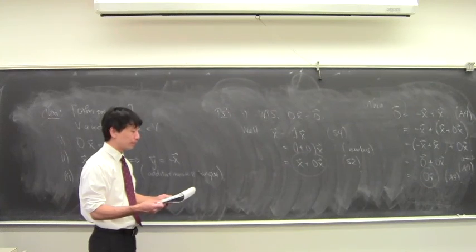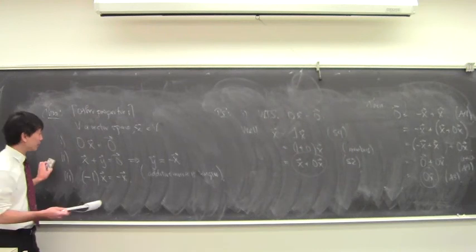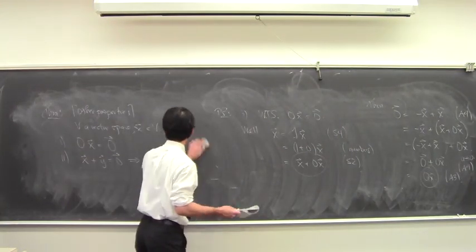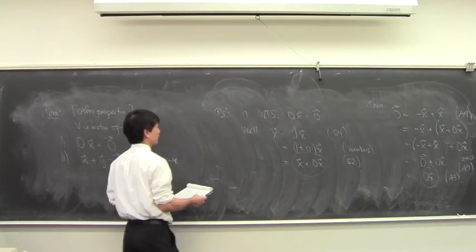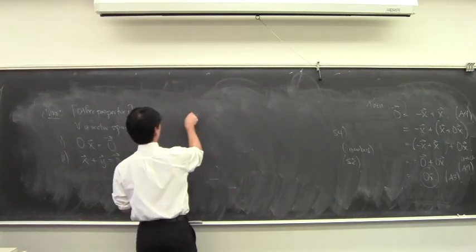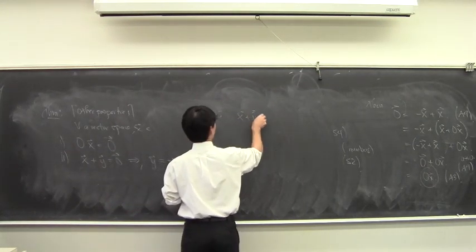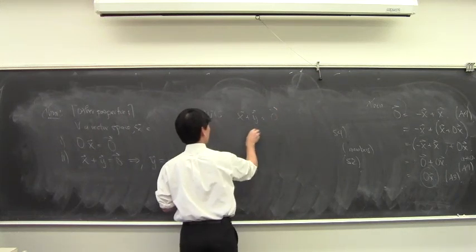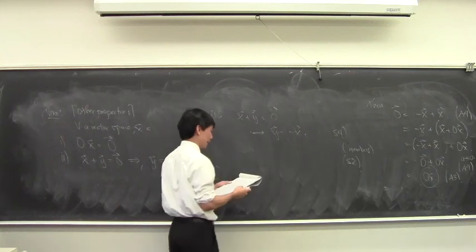Let me quickly go through the second one. I'm not going to have time or interest in doing the third one. So number 2, you want to show that x plus y being the 0 vector forces y to be the additive inverse of x.